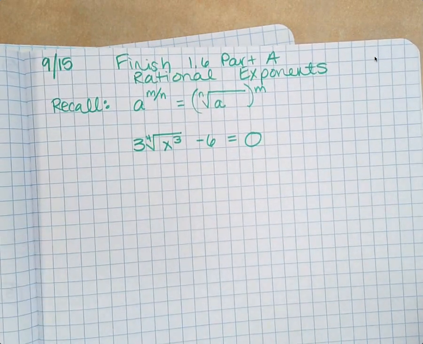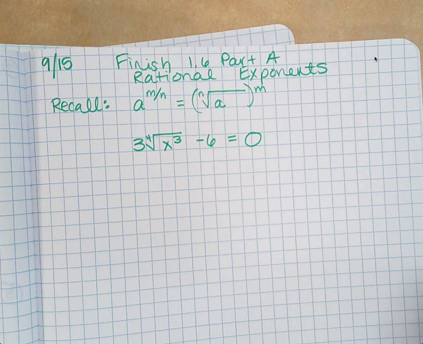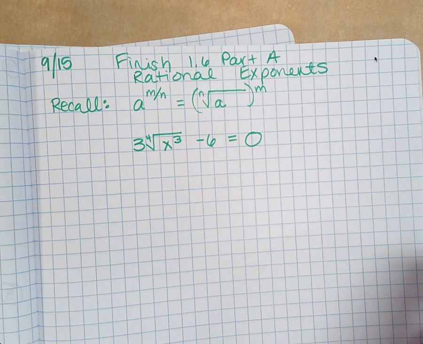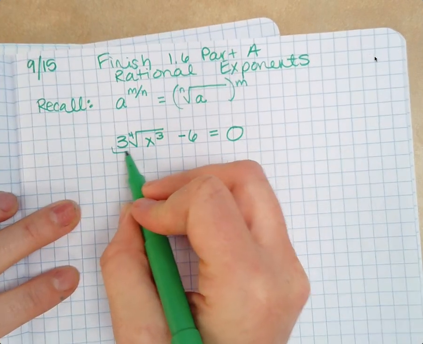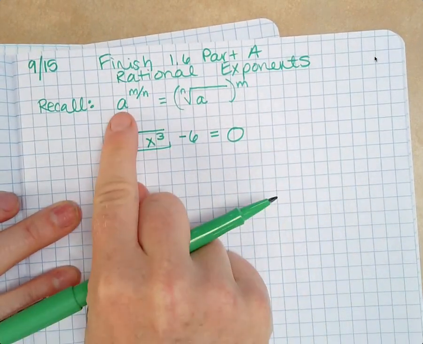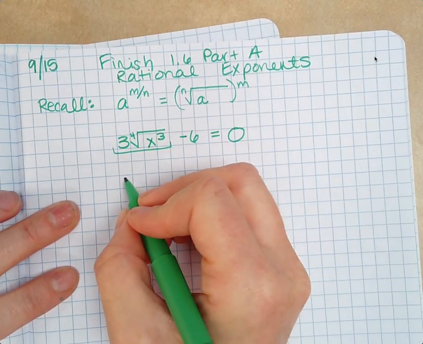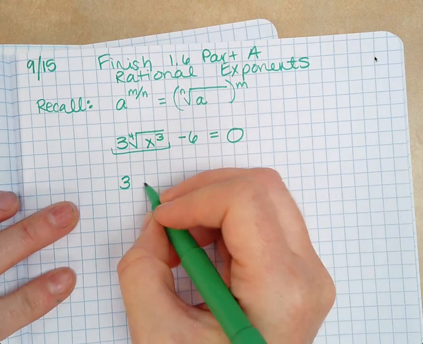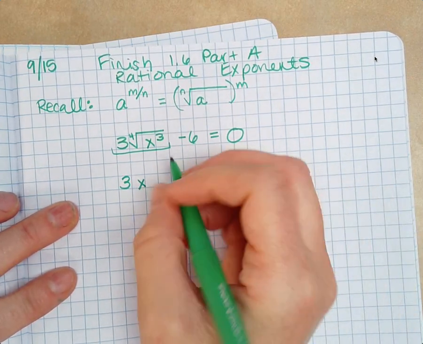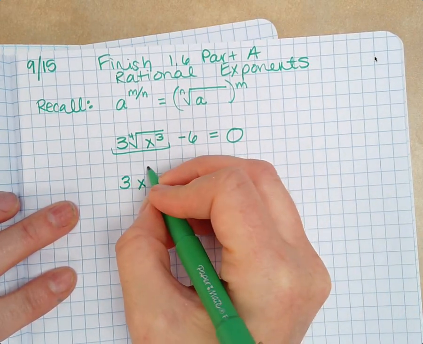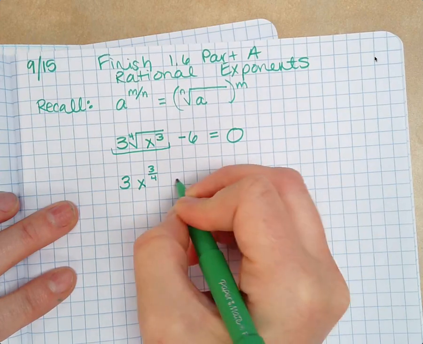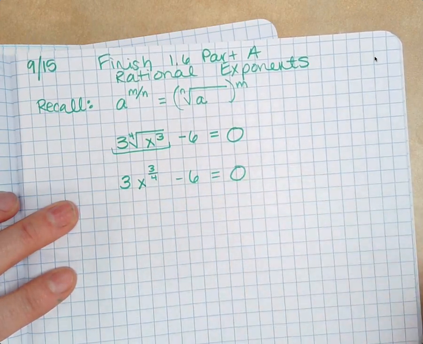That looks pretty ugly. So we need to convert this to a radical exponent. So it'd be 3 on the outside, and then x to the 3/4 minus 6 equals 0.